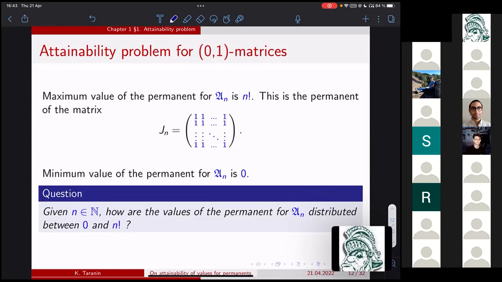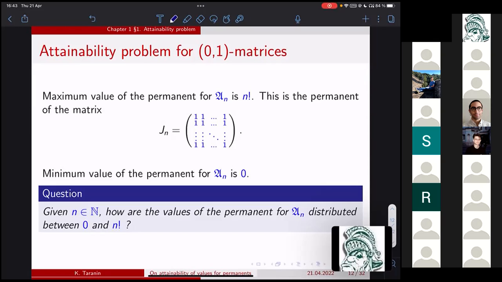Another question. What about just finding whether the permanent is 0 or not? Not the permanent itself, but just finding that the permanent is non-zero. Is it simpler than the general question? For 0,1 matrices, there is a criterion for the permanent being 0. It works not only for 0,1 matrices, but for any matrices with non-negative entries.